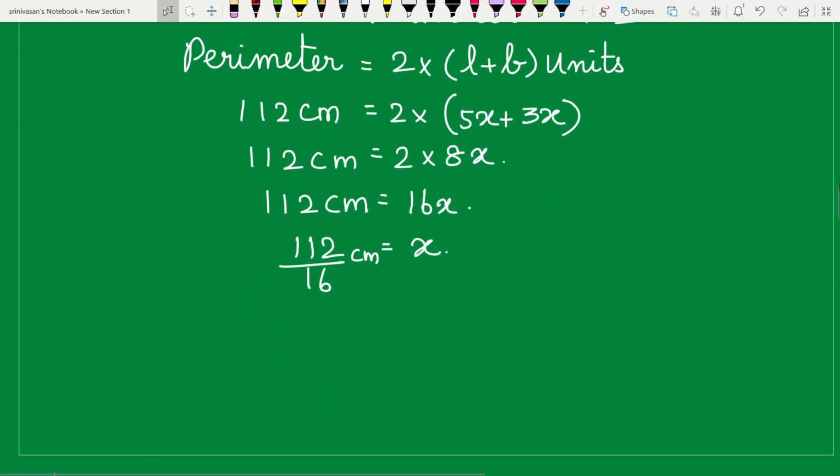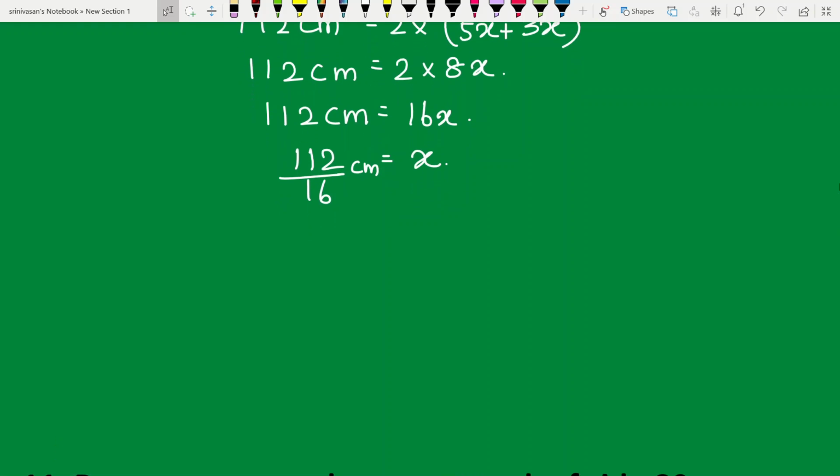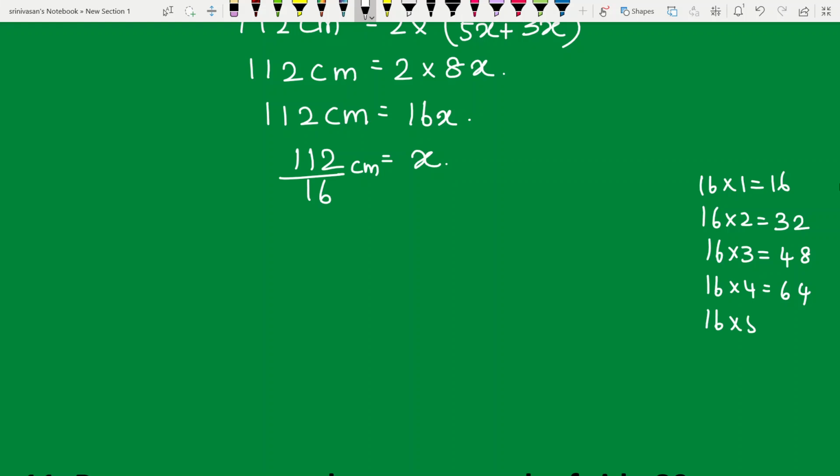Now use 16 table and divide 112. 16 ones are 16. 16 twos are 32. 16 threes are 48. 16 fours are 64. 16 fives are 80. 16 sixes are 96. 16 sevens are 112.